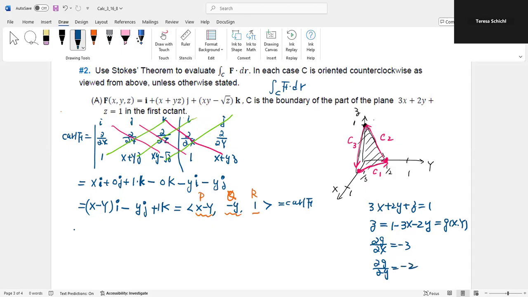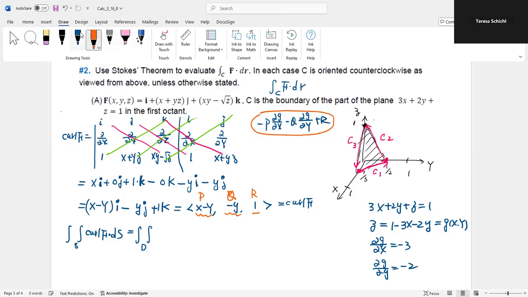All right, now let's do it, right? So then I integrate the curl F dot dS, okay? So I can integrate over this region D. So which formula do we use? We use negative P partial g partial x minus Q partial g partial y plus R. Right, we use this many times for the surface integrals here. All right, let's take a look here.